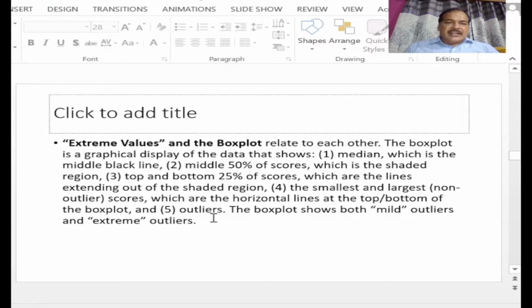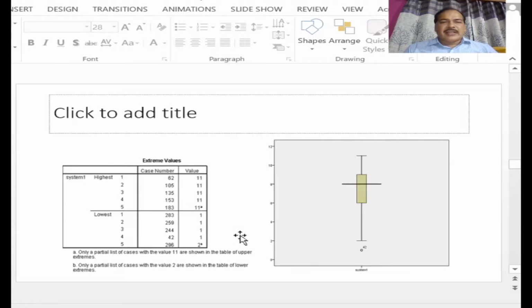Number three, the top and bottom 25% of scores, which are the lines extending out of the shaded area, and the smallest and largest scores, which are the horizontal lines at the top and the bottom of the box plot, and the outliers. The box plot shows both mild outliers as well as extreme outliers.